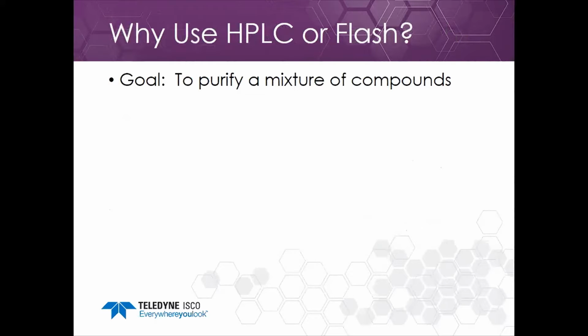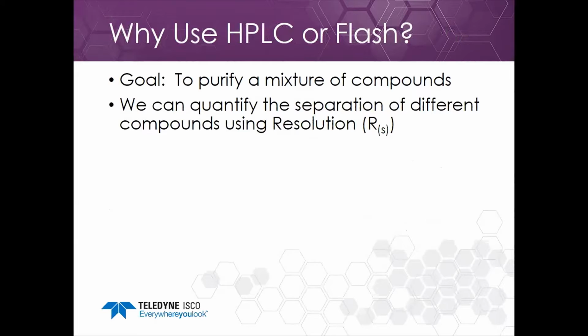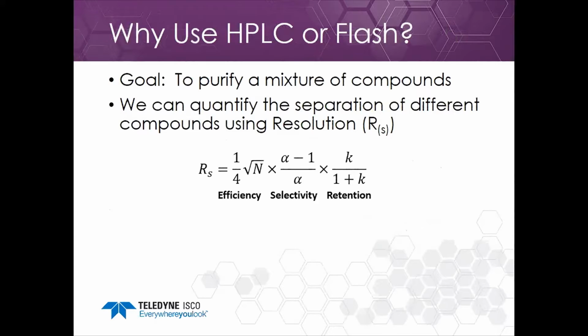So why would you choose to use HPLC or Flash? Ultimately, the goal is to purify a mixture of compounds. We can quantify the separation of different compounds using the resolution equation. The actual formulas as part of this aren't very important to what we're going to be discussing today, but we can break the resolution equation down into three different factors that we can control.